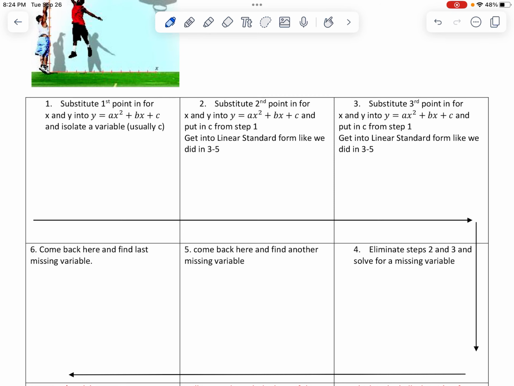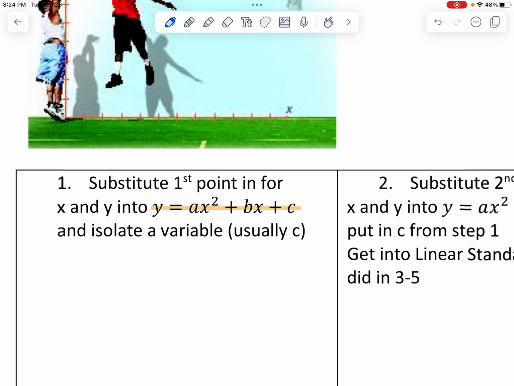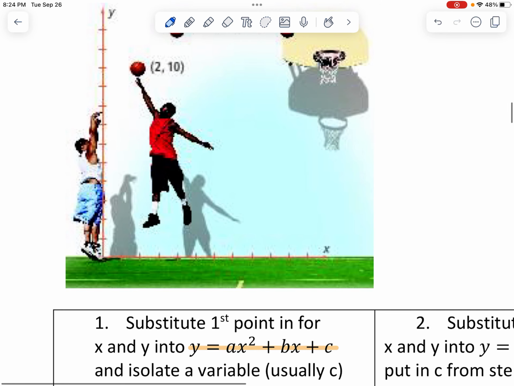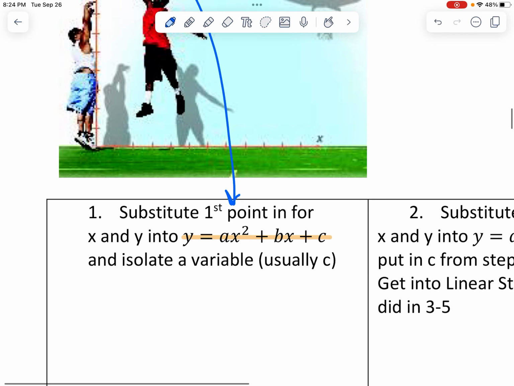So we know that this is standard form, or I should say we should know that is standard form of a quadratic function. Step 1, we're going to substitute the first point. See that 2, 10? That's going to go in this first column. Every time I see an x and every time I see a y, they got to get replaced.